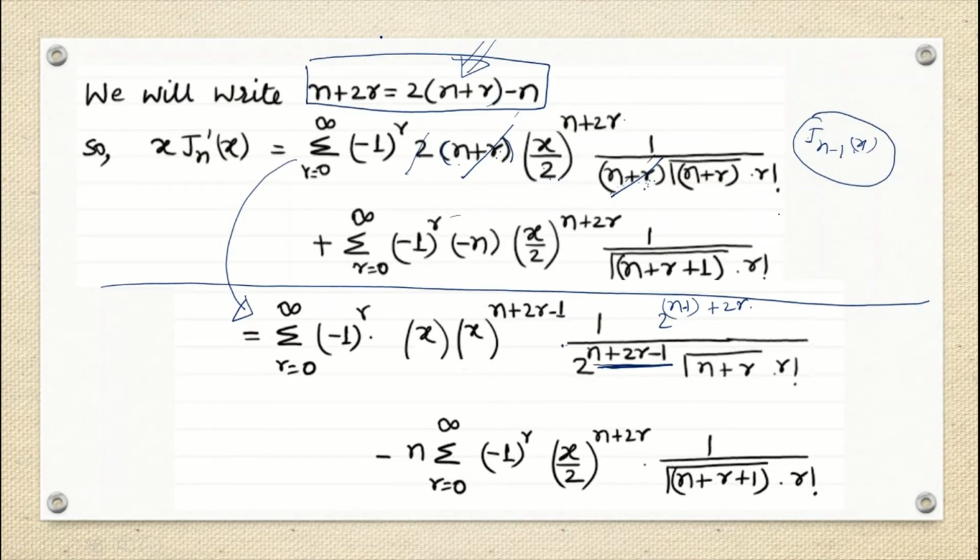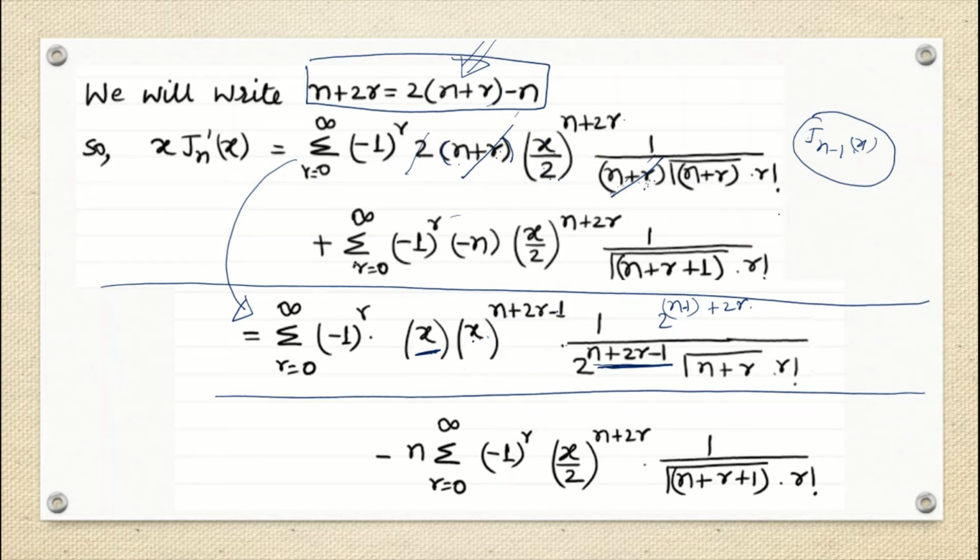So here I'll take out one x from here. For this reason x has got the power reduced by 1. So this is x to the power n plus 2r minus 1. So here you have got that this series is for Jn minus 1 order. Okay, so this term is done, the arrangement is done.